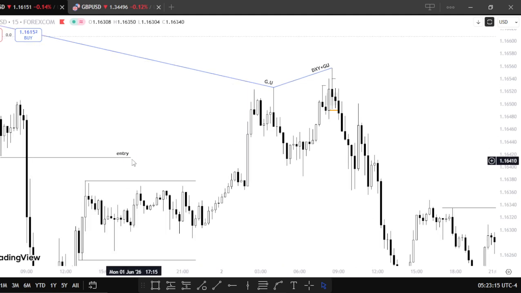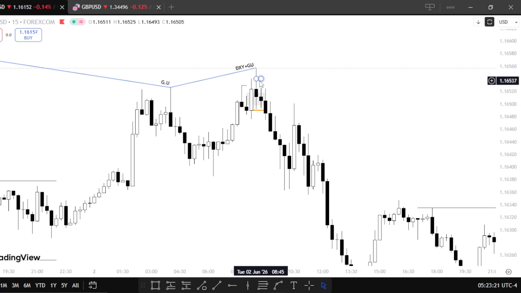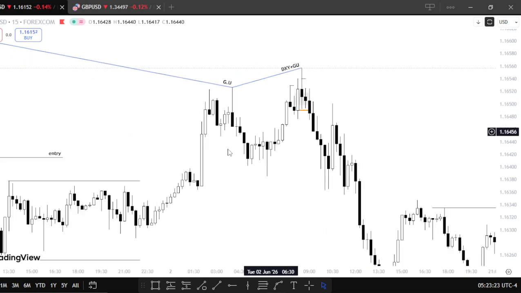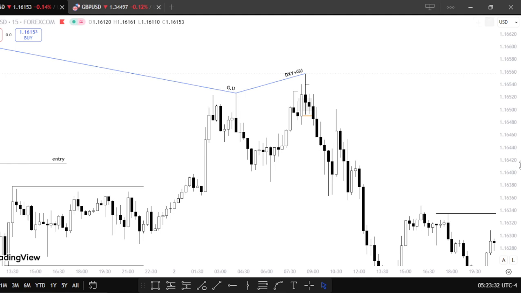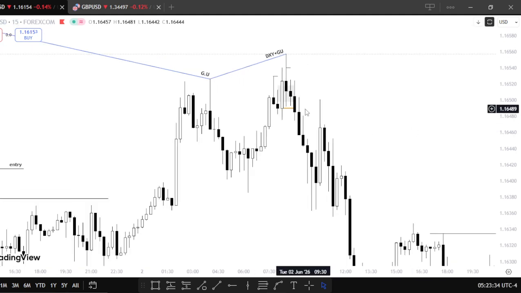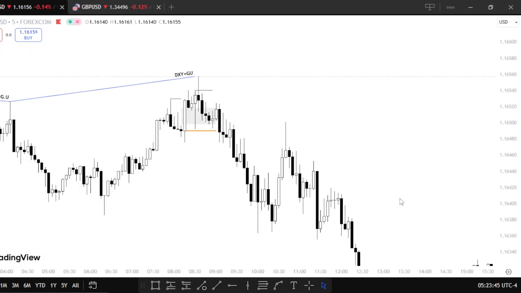So I couldn't close my entry here at a loss and enter here to risk a small stop in such a weak move. But if I didn't take an entry here, I would be so pleased that I could take this one here. Okay, that's a great entry. That's so good.